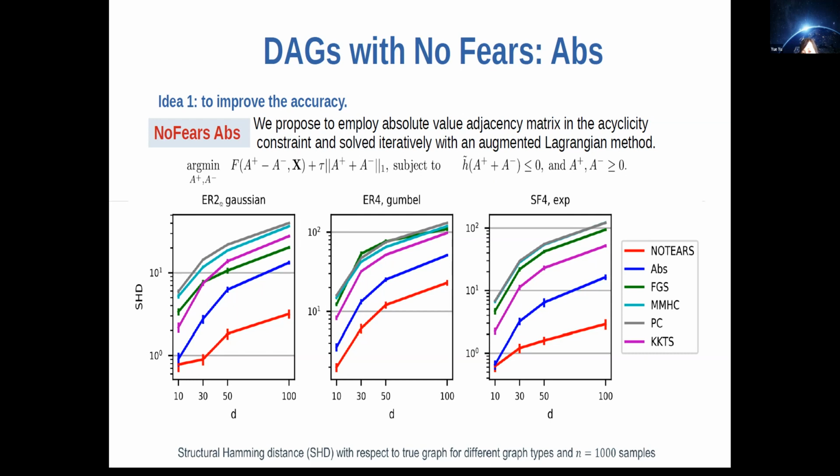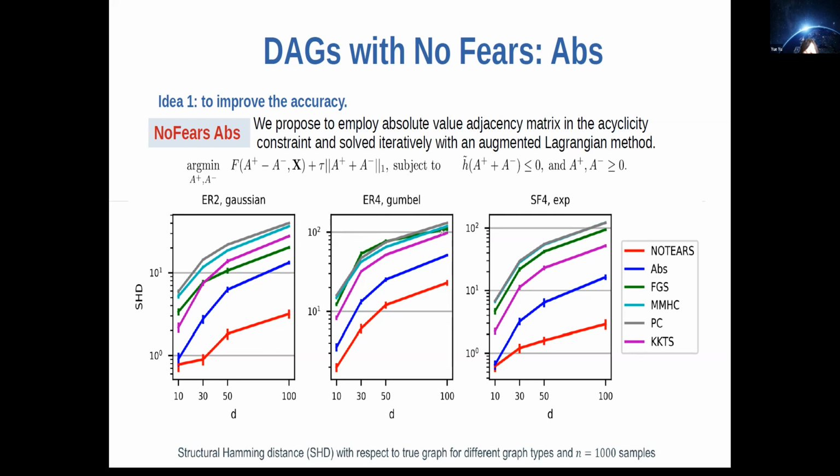The number here represents the average number of edges for each of the nodes. The larger the average number of edges is, the denser the graph is and the more challenging the learning becomes. Therefore, what we value more is, for example, ER4 and SF4, when D is close to 100, which is a relatively large and dense graph.